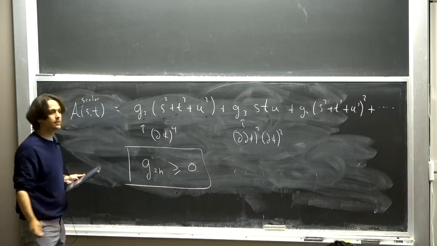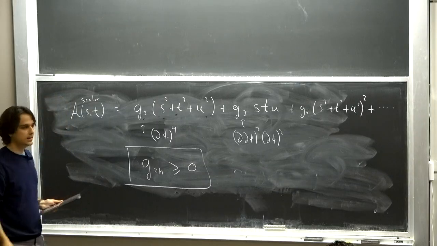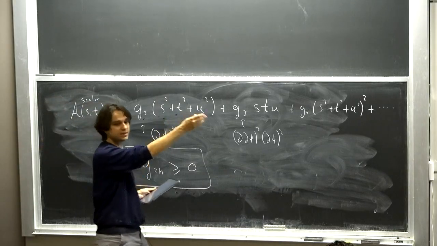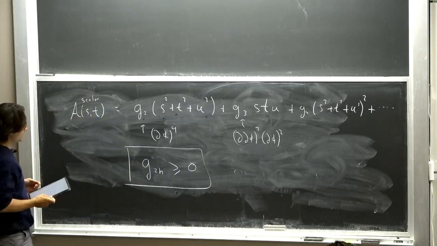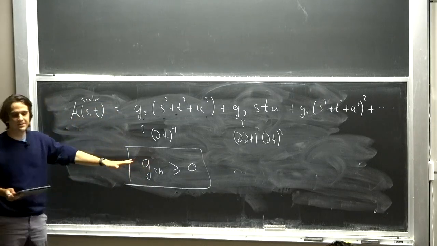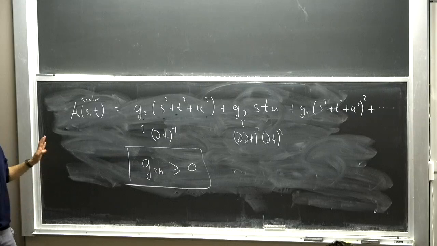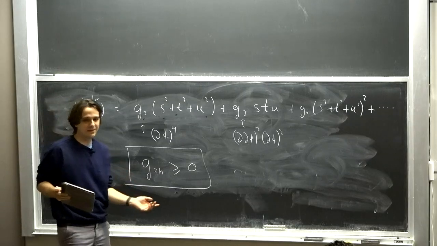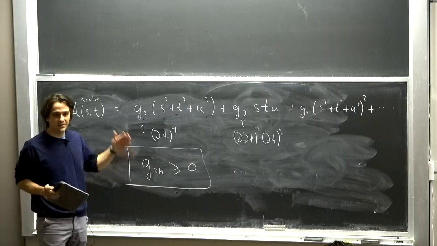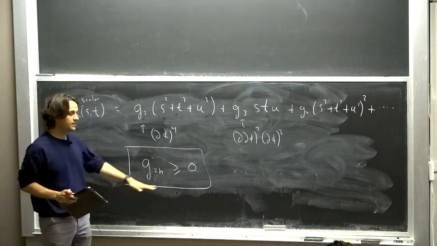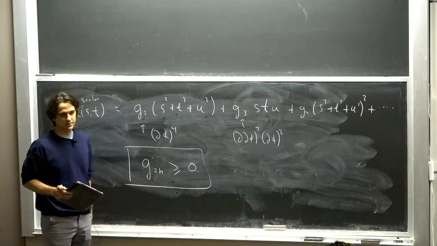Otherwise, it will violate unitarity, causality, all of these principles that went into this relation. Okay, so this is the first example we have that Wilson coefficients cannot take any value. Dimensional analysis maybe doesn't fix their value. I'll tell you that they are actually constrained.